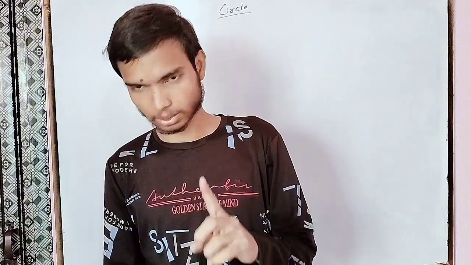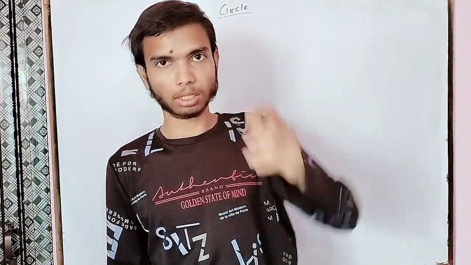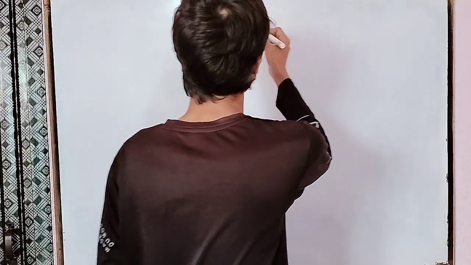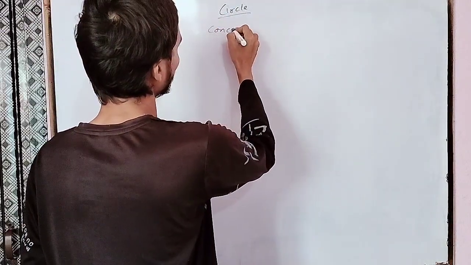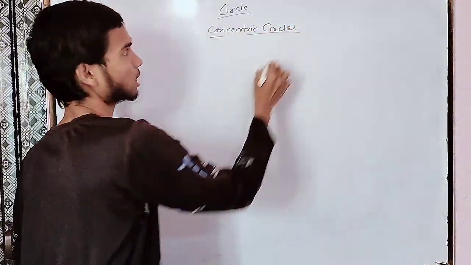The question is saying if a line intersects two concentric circles. What is the meaning of concentric circles?